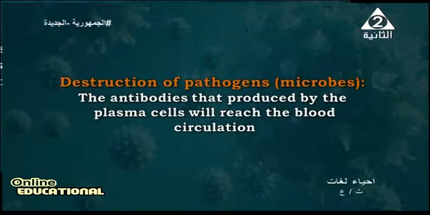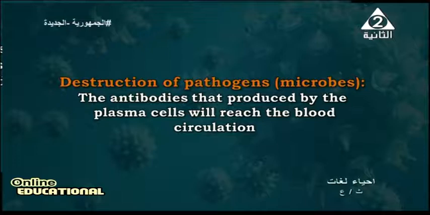This is what happens inside. The destruction of pathogens, microbes. What is meant by destruction? Destruction means this pathogen is broken down, or there is no pathogen. How can this pathogen be destroyed?